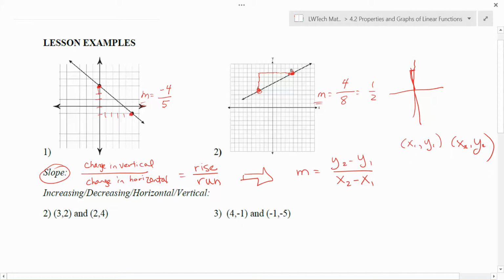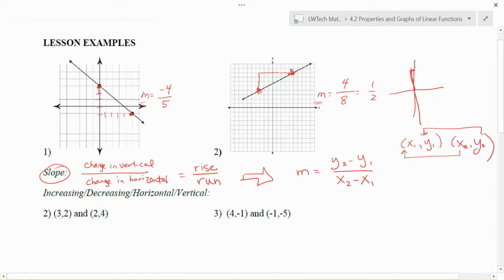So y2 minus y1 means you're going to take the y coordinate from the second point and subtract the y coordinate from the first point. The x2 minus x1 means you're going to take the x coordinate from the second point and subtract the x coordinate from the first point. So that's where our slope formula comes in. It is very important that the vertical change goes on the top and the horizontal change goes on the bottom when you're doing this. So with that in mind, let's take a look at these examples down here below.